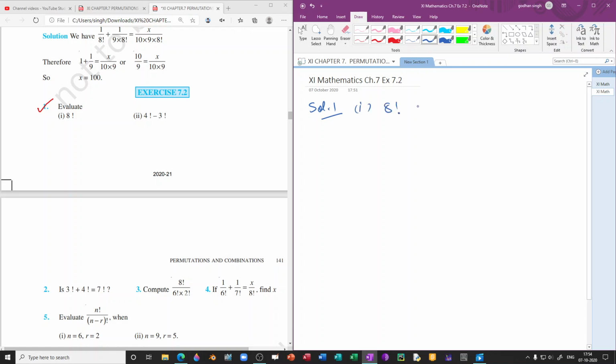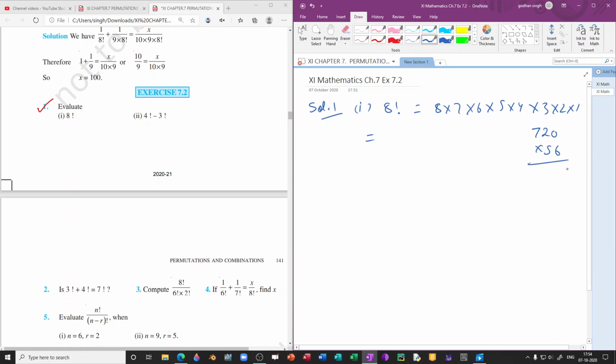8 factorial. So 8 factorial is the product of all the natural numbers from 8 till 1. So that is 8 into 7 into 6 into 5 into 4 into 3 into 2 into 1, and we can take it like this: 3 into 2 is 6, 6 into 4 is 24, 24 into 5 is 120, and 120 into 6 is 720. 720 multiplied by 7 into 8, which is 56.